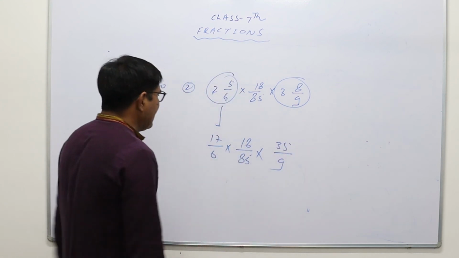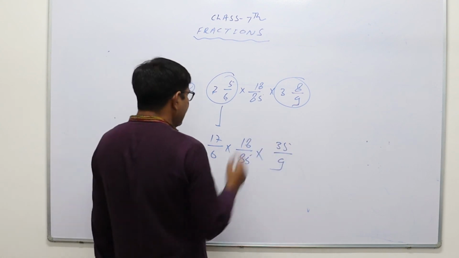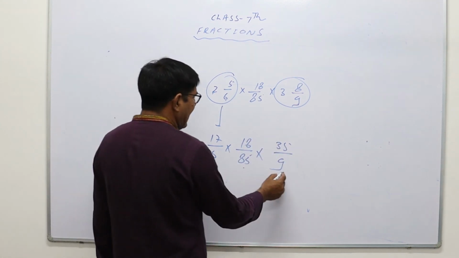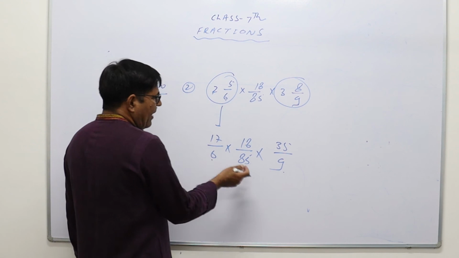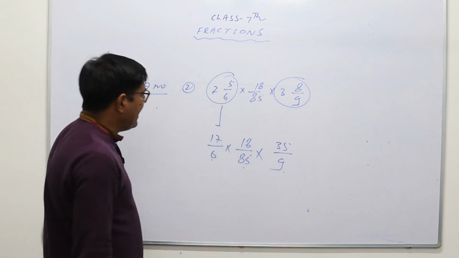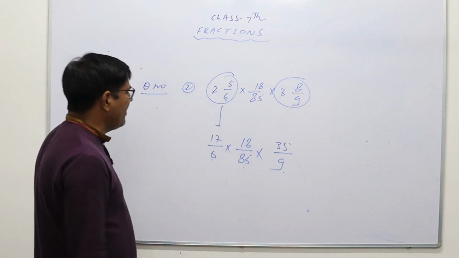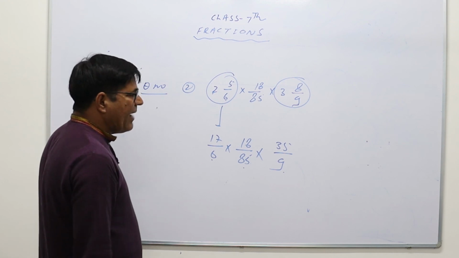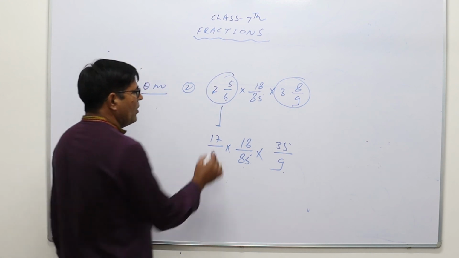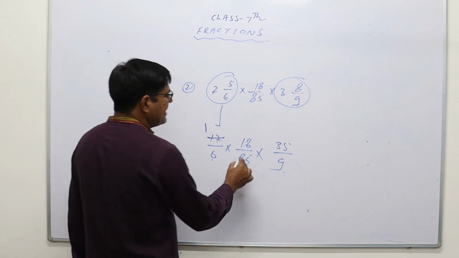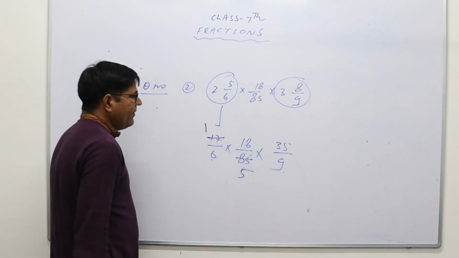Now see, in the numerator 17, 18, 35, denominator 6, 85 and 9. So now you have to observe that in numerator and denominator, if there is any common factor, then first divide by that common factor. So here see, 17 ones are 17, 17 fives are 85.